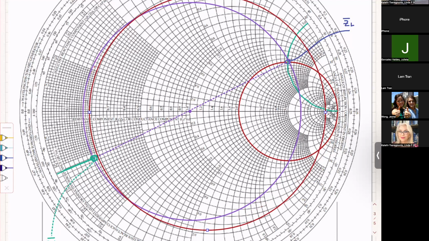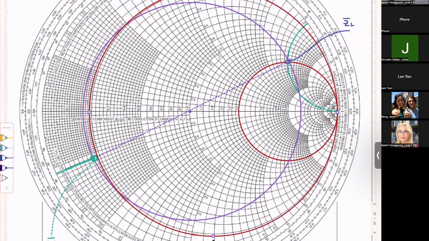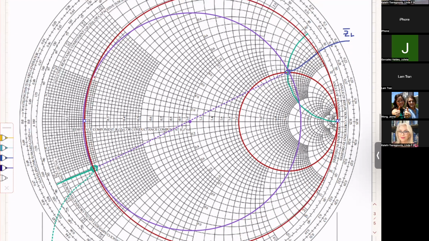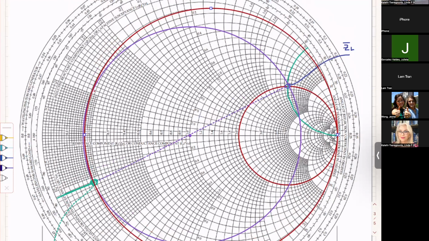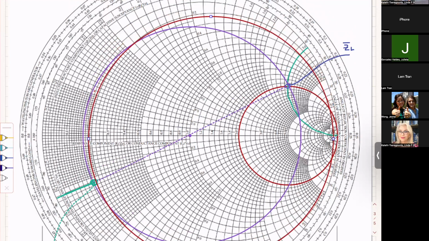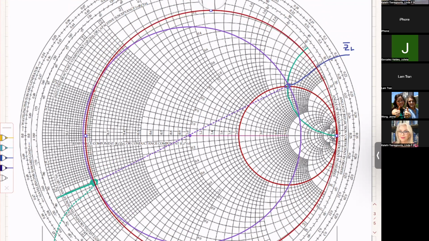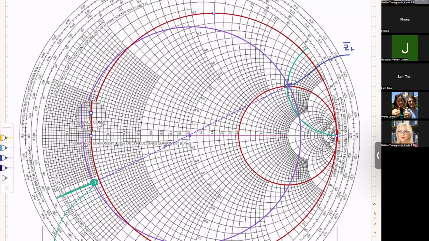Okay, I'll correct it. And there. So it's higher. It's there. Okay. That's the circle that goes along the line. Let me see. There.